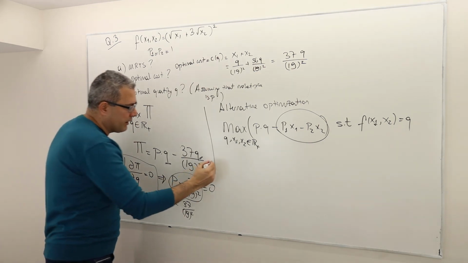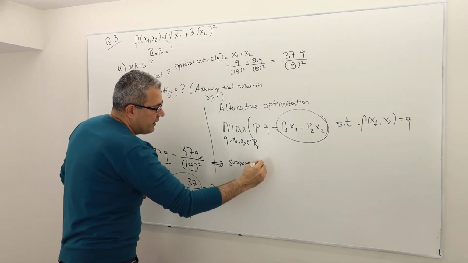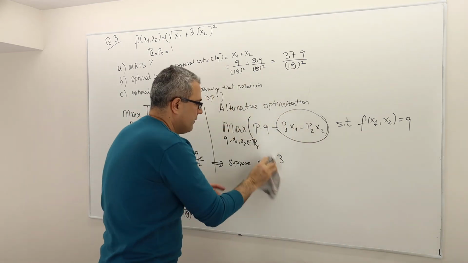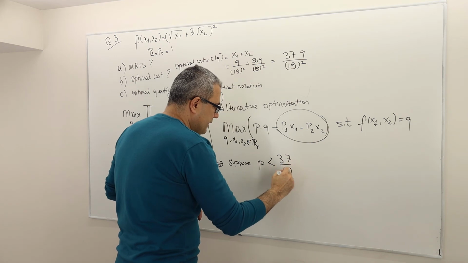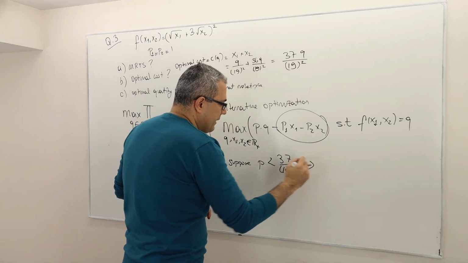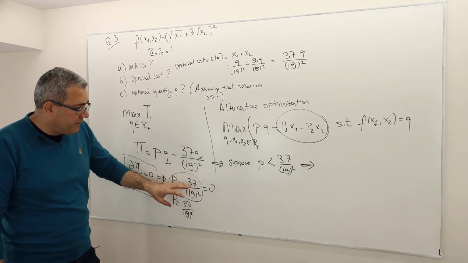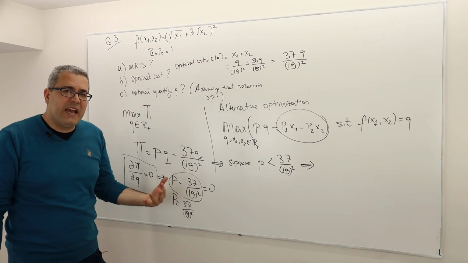That means the following. Suppose P is less than 37 divided by 19 squared. What does that mean? That means this derivative is negative, right? So if the derivative is negative, what does that mean?